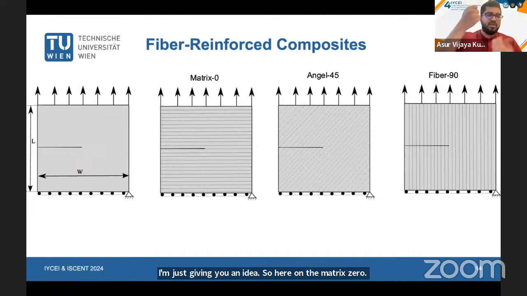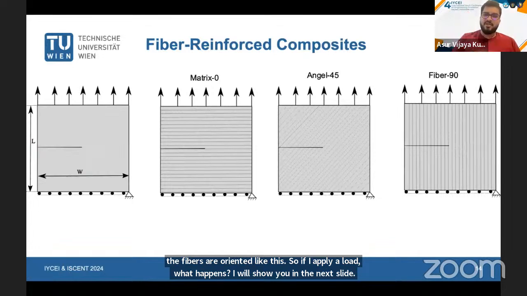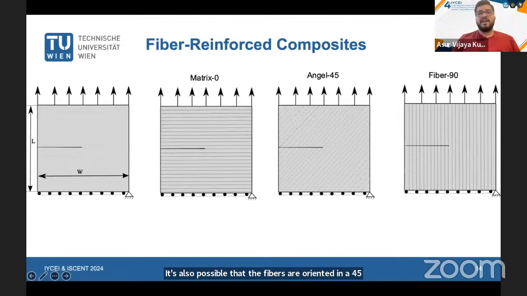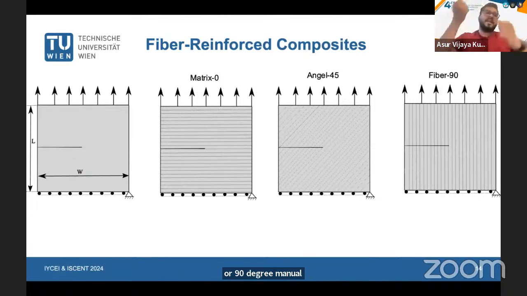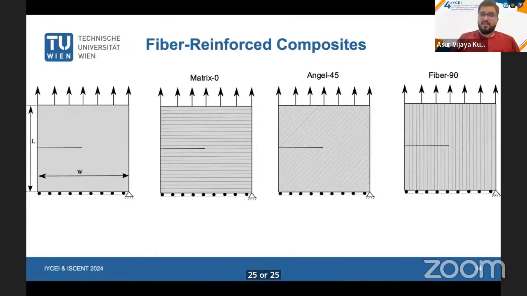If I apply a load, what happens? I will show you in the next slide. It's also possible that the fibers are oriented in a 45-degree manner like this, or 90-degree manner. Need not be only these, you can actually orient the fibers in any way you want. So you can have 0 degree or 25 or 62 or 89, whatever you want.